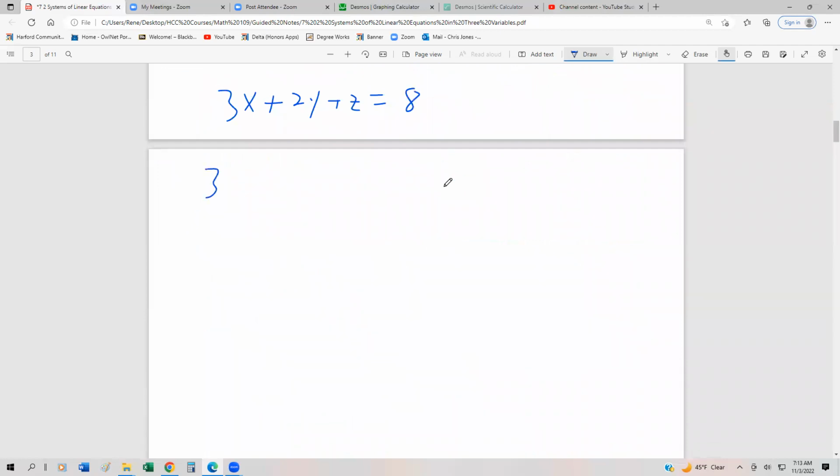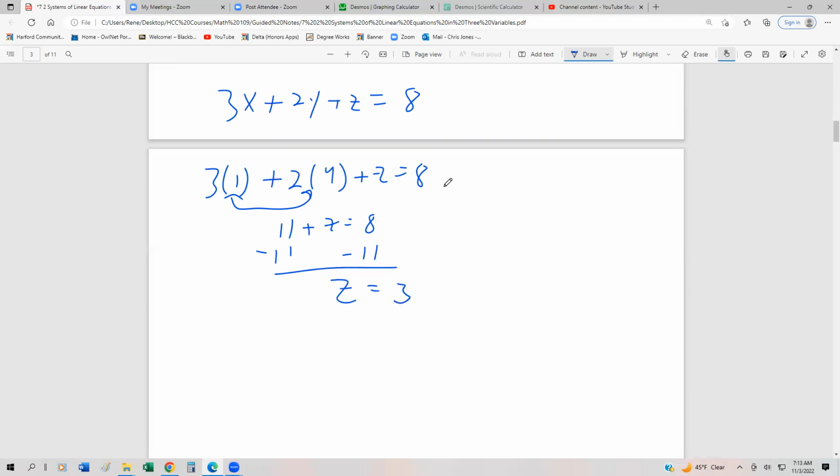Now we know that x is 1, and we know that y is 4. If we combine these, that's 11. So 3 plus 8 is 11, plus z is 8. And if we subtract 11 from both sides, we get that z is negative 3.